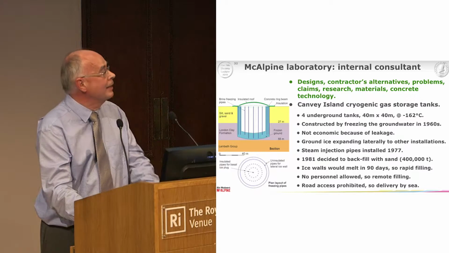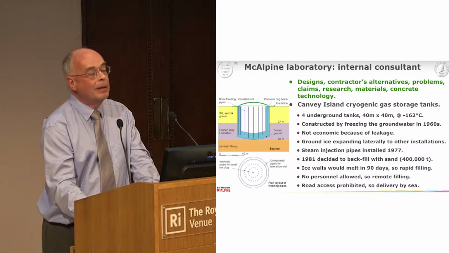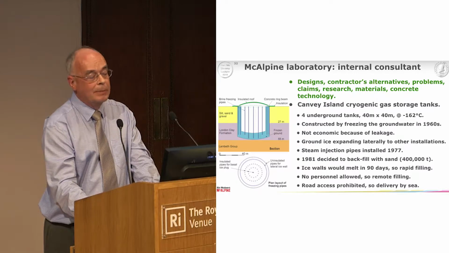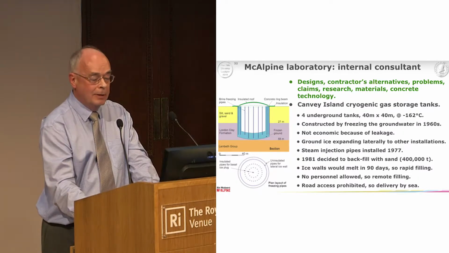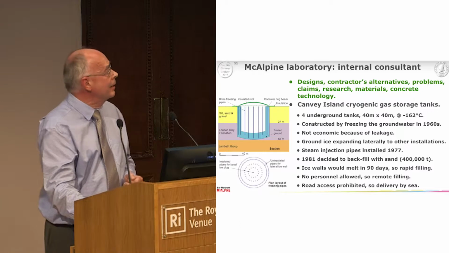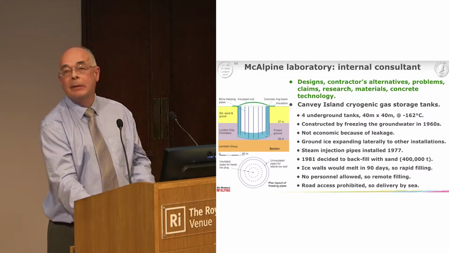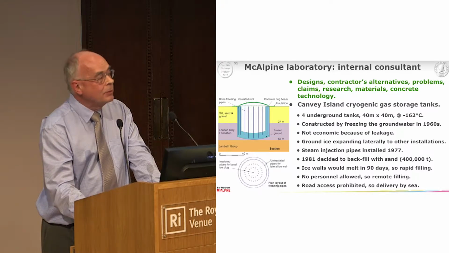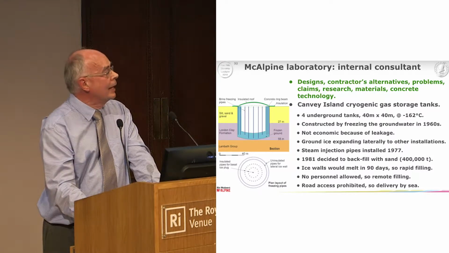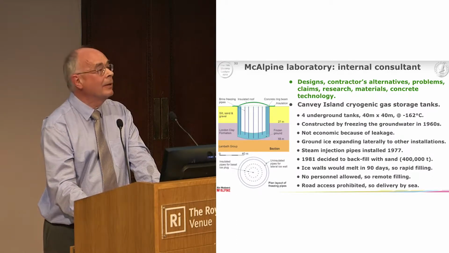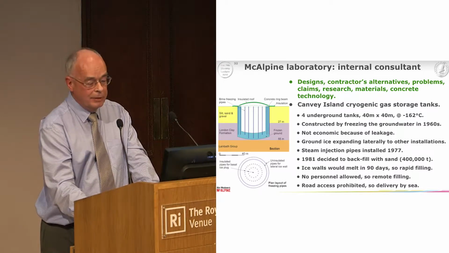So it was decided in 1981 to get rid of the whole thing, decommission them, fill them with sand. McAlpine's got the job, and about 400,000 tonnes of sand were required. It was calculated that the ice walls would take about 90 days to melt, so the filling had to be rather rapid. It was also a problem that no personnel were allowed in the area because of the risk of explosion, because there was probably some gas still remaining in the ground, even though these tanks had been purged with nitrogen.